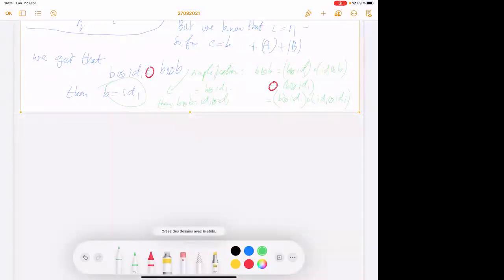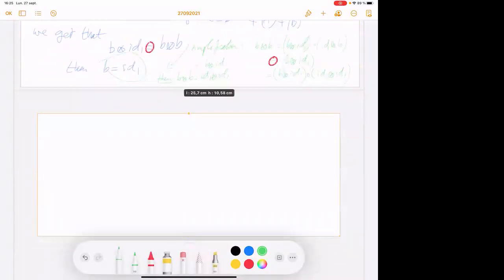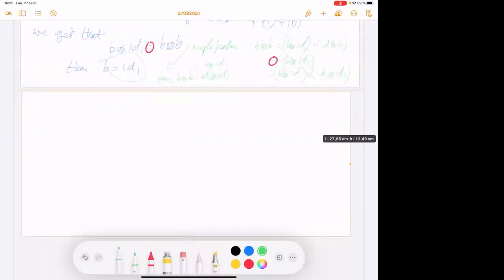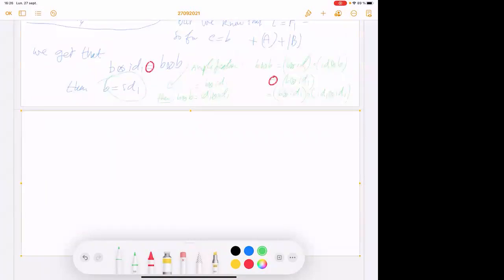So, OK. Then apply R1, apply R1 inverse.